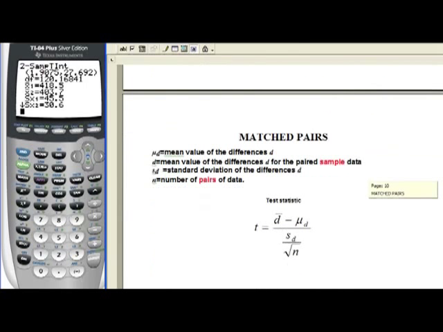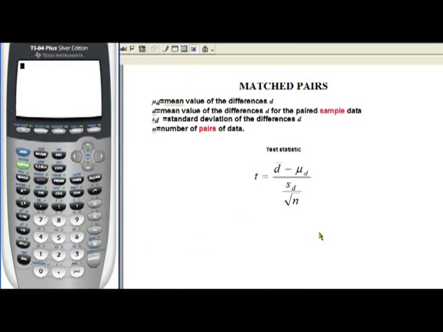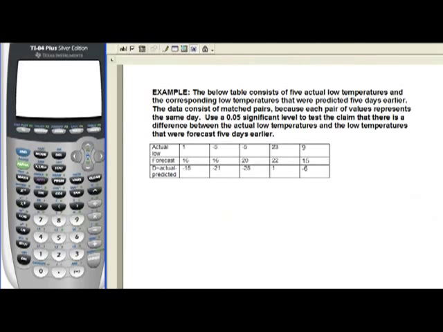Now the last one that I'll cover is if you are doing hypothesis testing using matched pairs. This is the test statistic you would have used. You would have calculated the d hat, and the population mean of the differences is assumed to be 0, because you would have formulated your problem in that way. So let's look at an example.